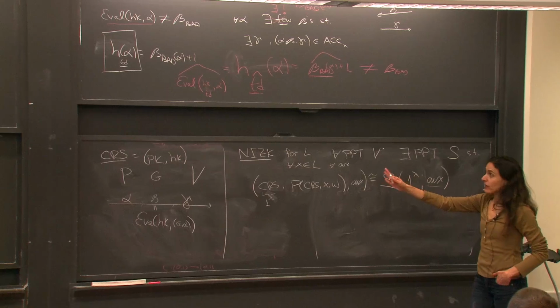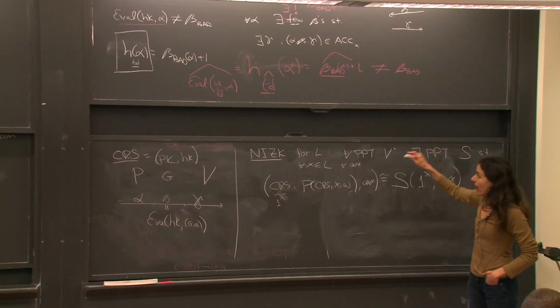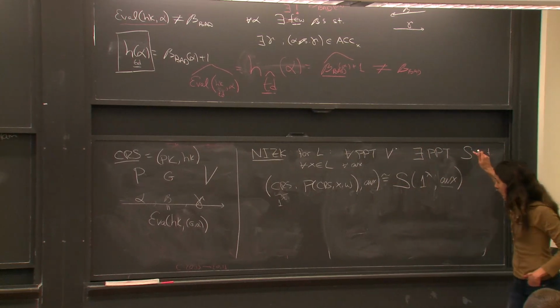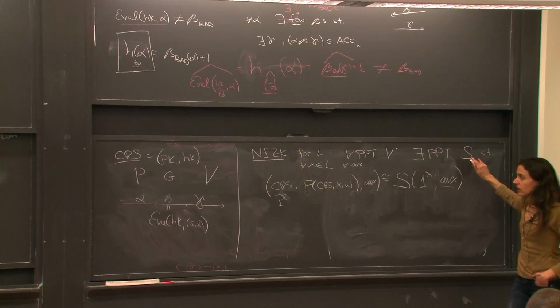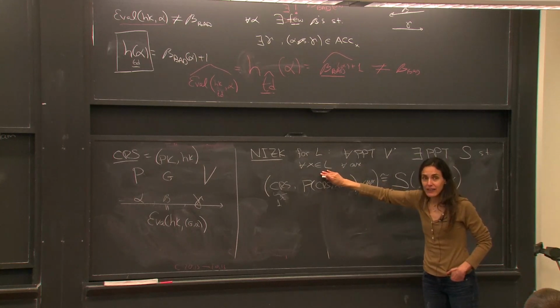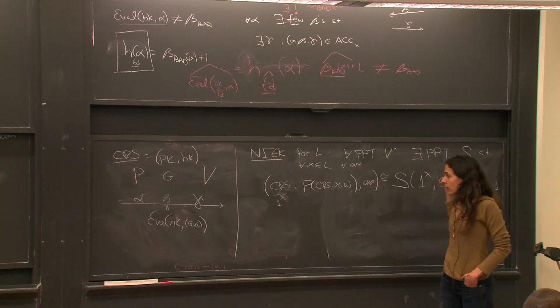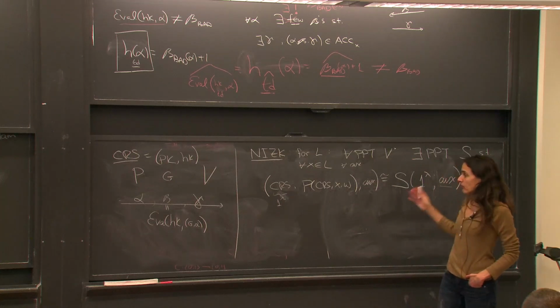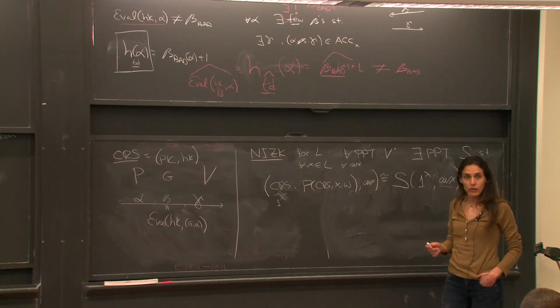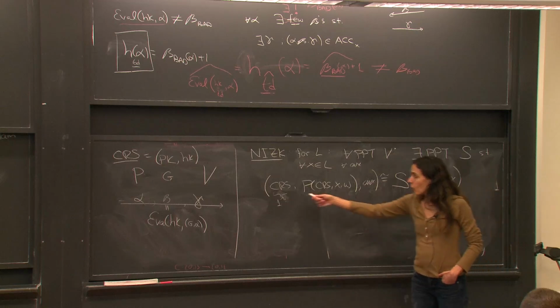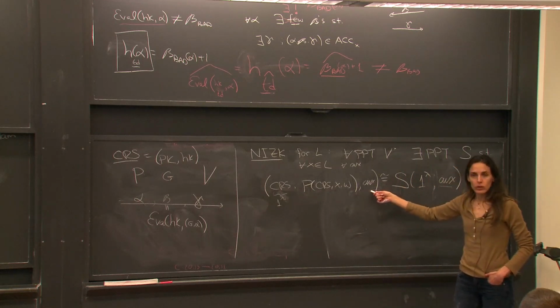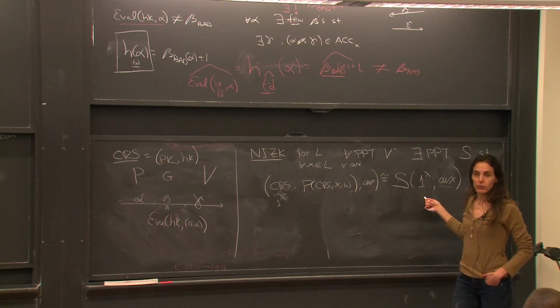NIZK, non-interactive zero knowledge. It says that for any efficient V star, there exists an efficient simulator, so that for every X in the language that has a witness, and for any auxiliary information that the simulator may have, or the verifier may have, what the verifier learns in the real world can be simulated by the simulator.